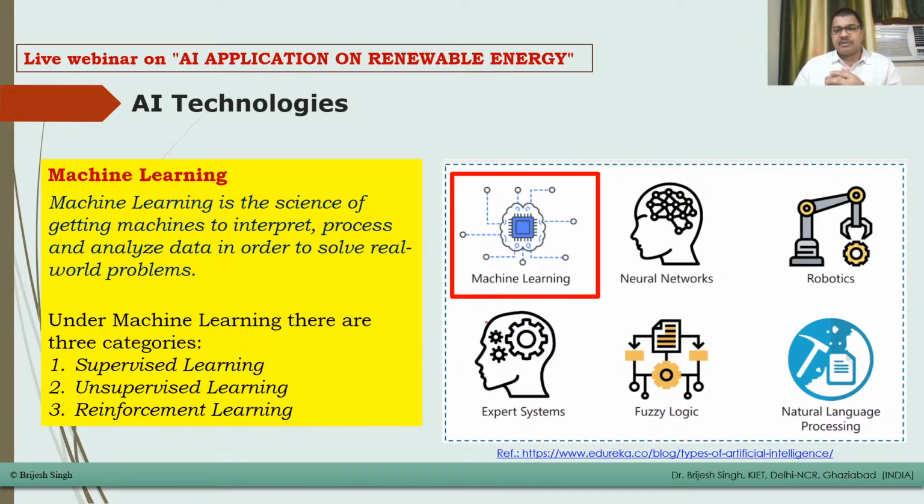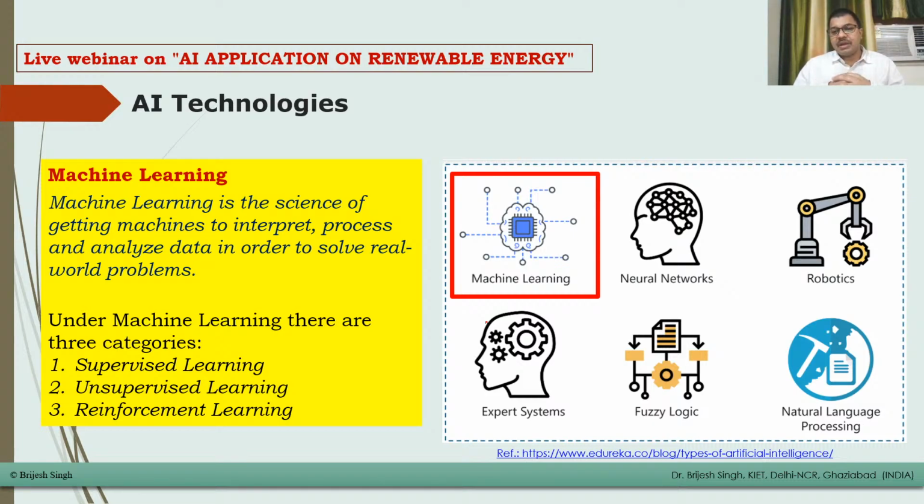Second, unsupervised learning. In this, the machine has the capability by itself, with the help of the output data, to learn, correct itself, and reduce the error percentage in the output. This feedback process is known as unsupervised learning.